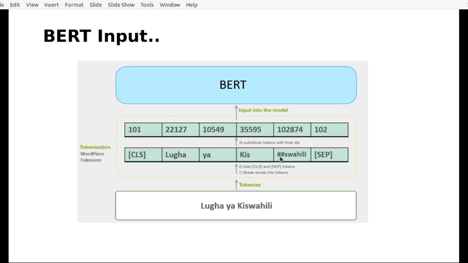These two hash symbols imply that this word was part of another word, so it is a continuation of another word.